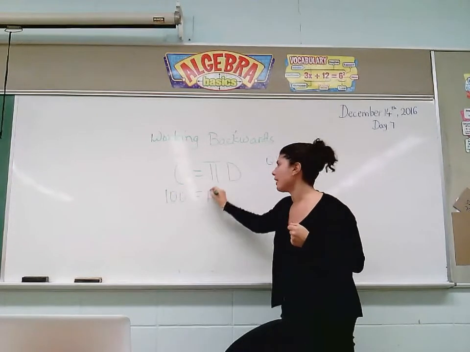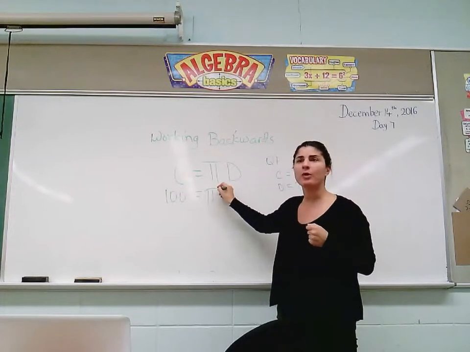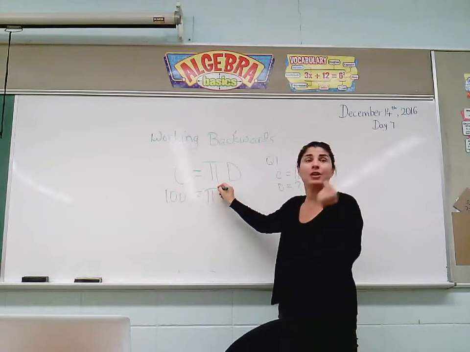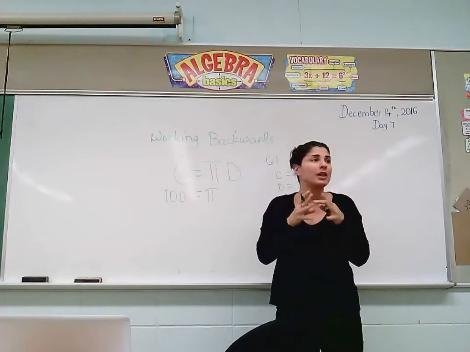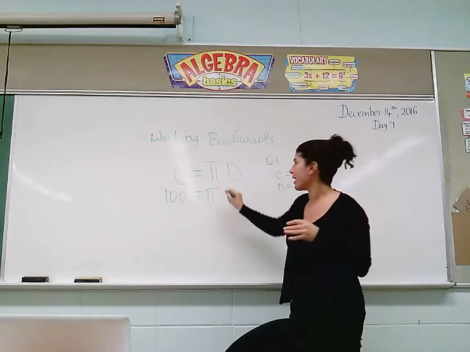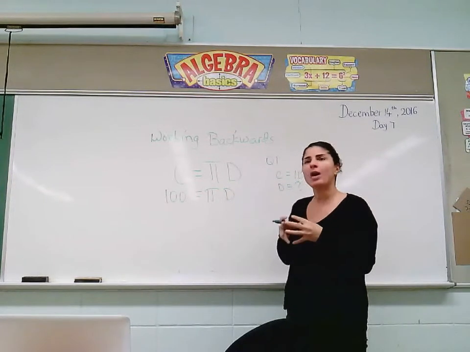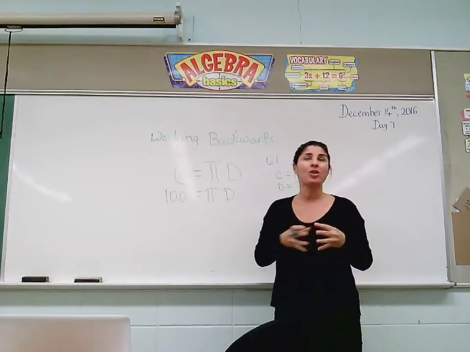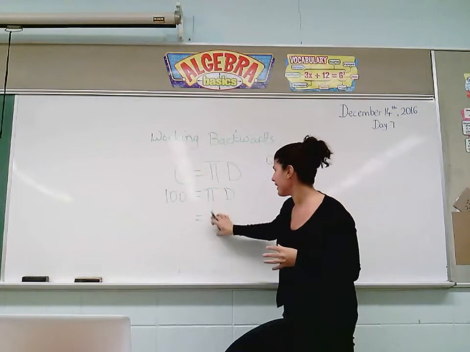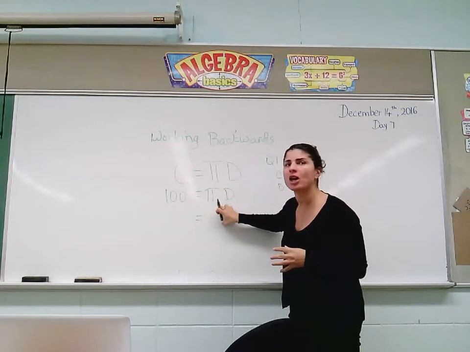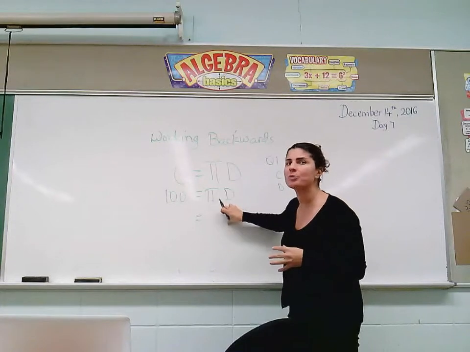You know pi, it's always 3.14, but this time the unknown, the x, the one we're looking for, is the diameter. So how do I get the answer to diameter? Well, I need the diameter to be alone on this side. How can I get the diameter alone on this side using algebra?